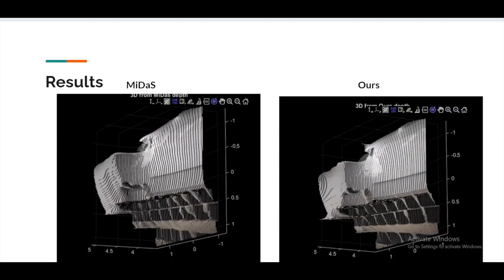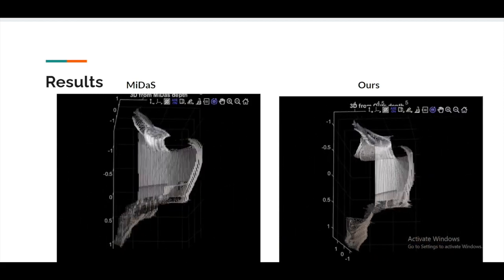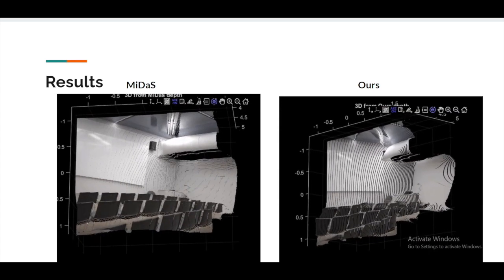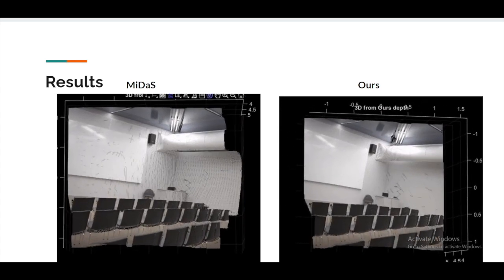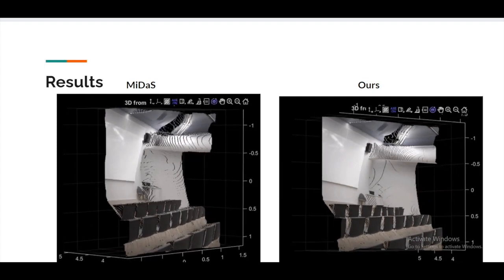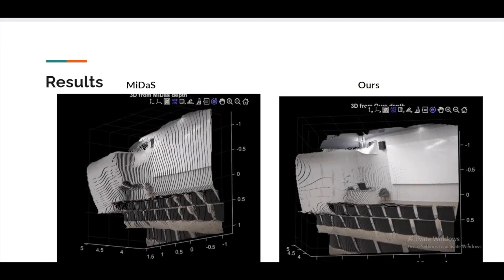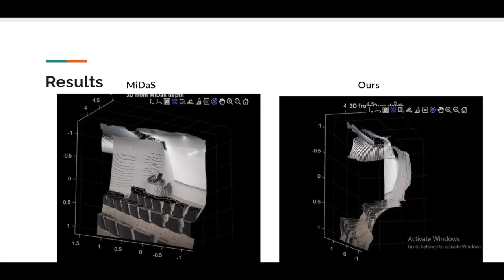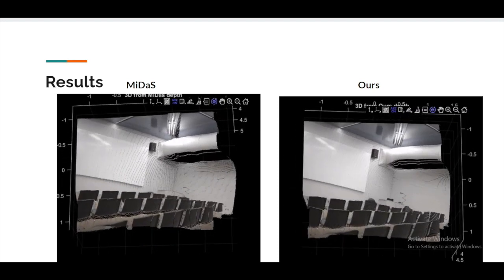We can also look at the 3D point cloud representation to have a deeper insight. If we compare our result with MiDaS, we can see that our model has a better representation in three-dimensional space, and we can see that, for example, here our method is able to preserve the wall consistency.